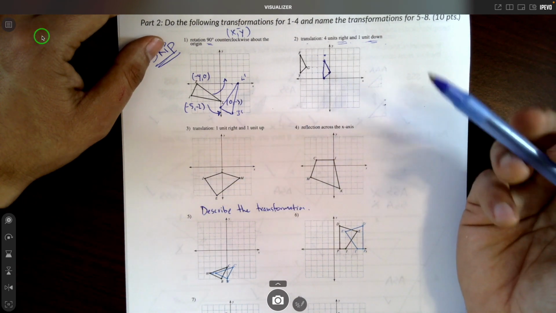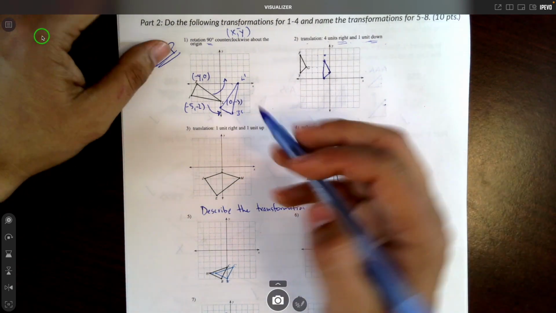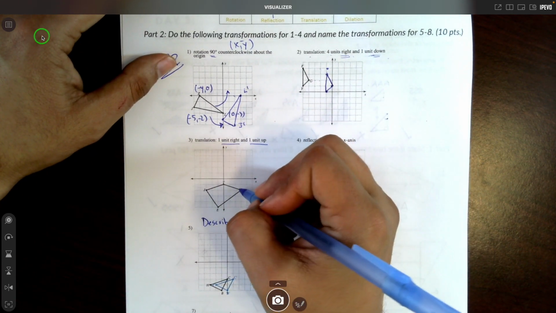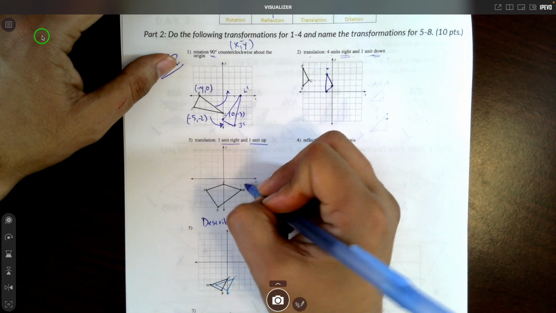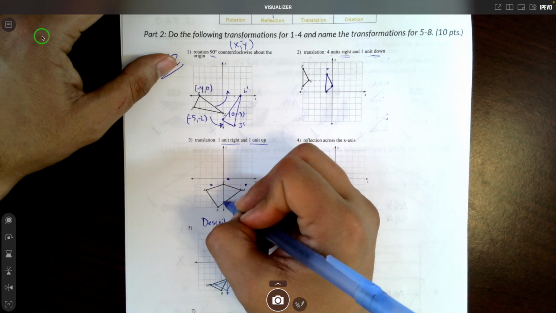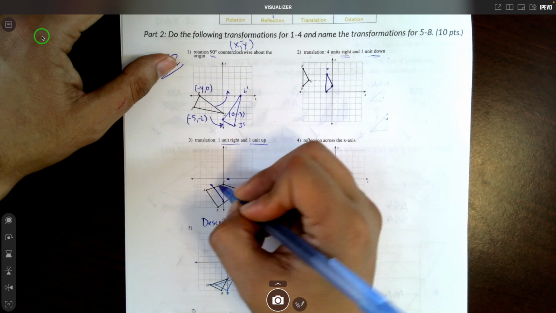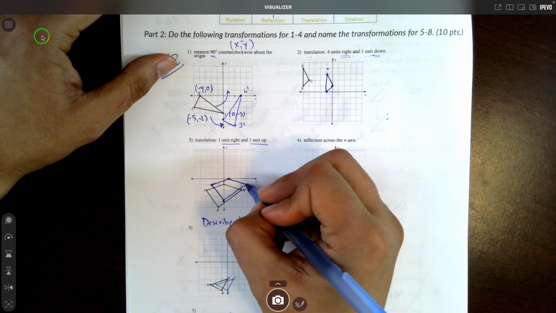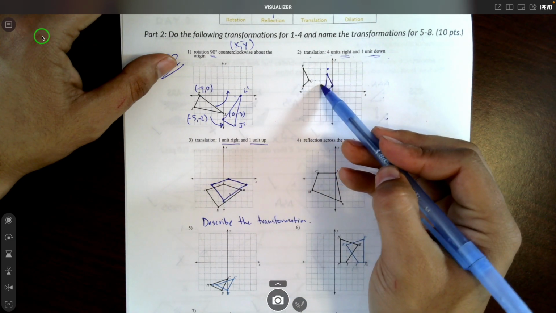So number 3, translation. 1 unit up and 1 unit to the right. So 1 up, 1 right, repeated for each point. Then we're just going to connect these. So still congruent.